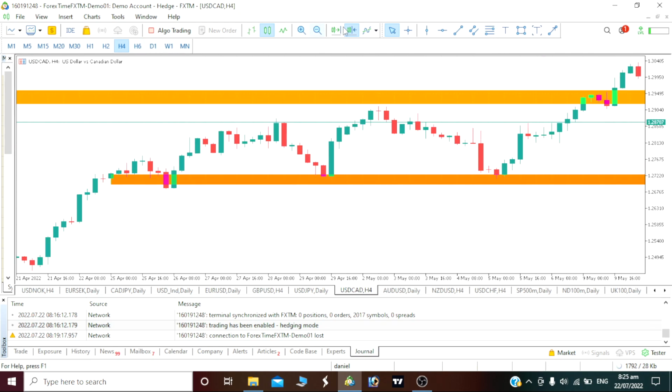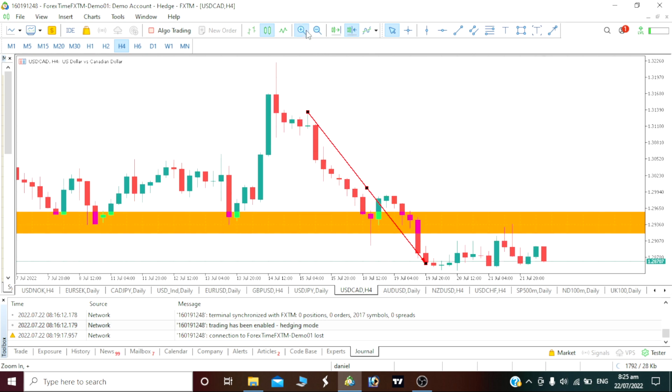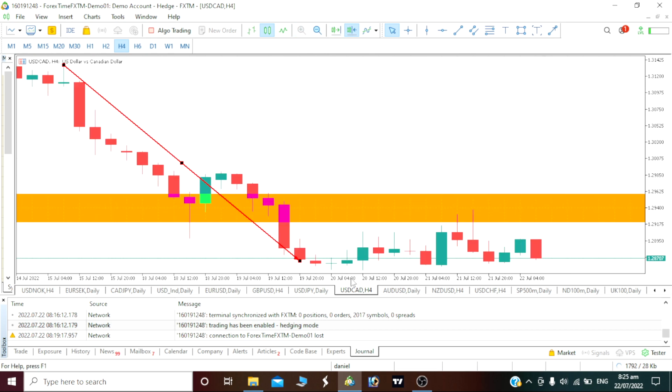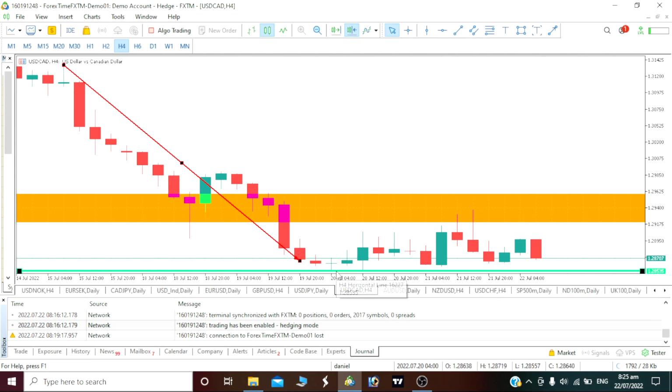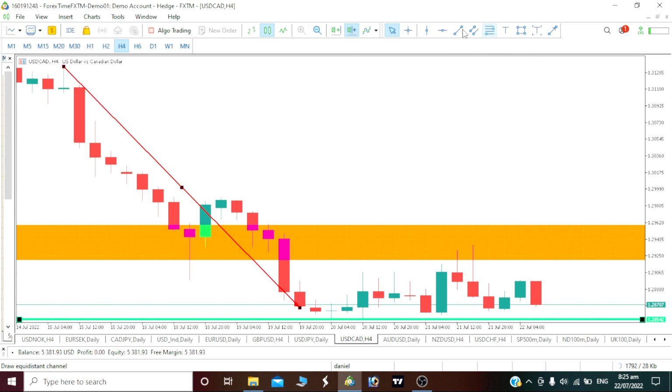So if you have to take this trade, take it with caution. If you want to take it, you should be trading within this range. You can take this level here on our 4-hour time frame as our lows, and this level here as our highs.